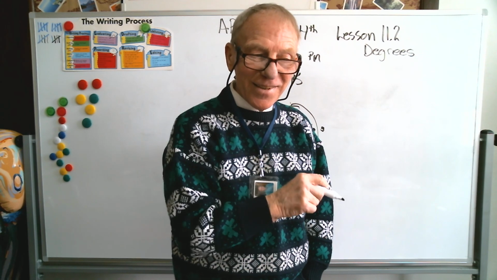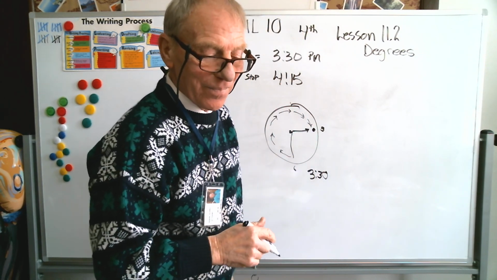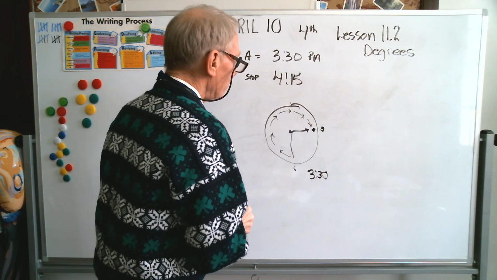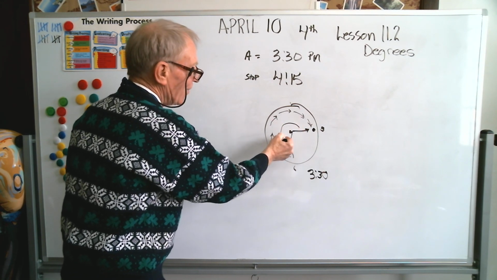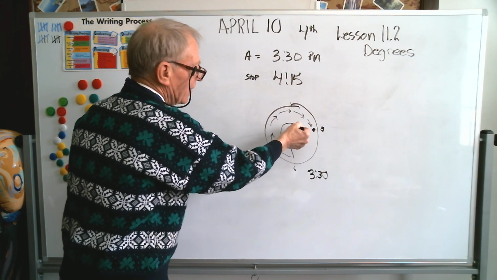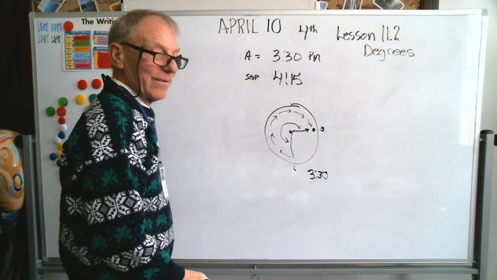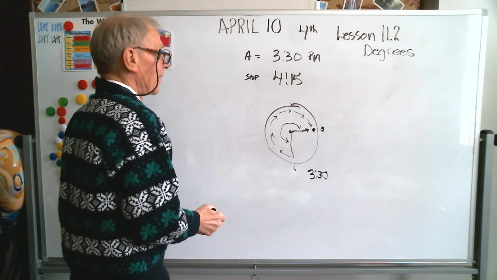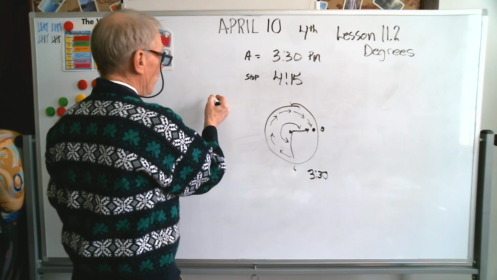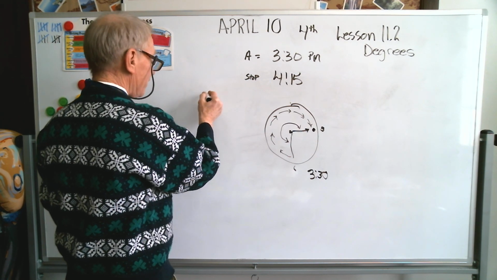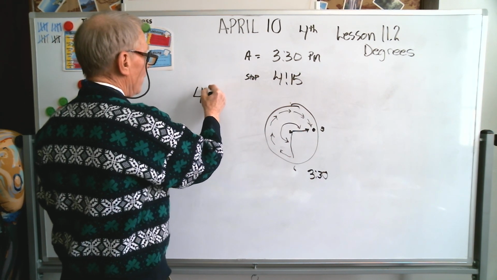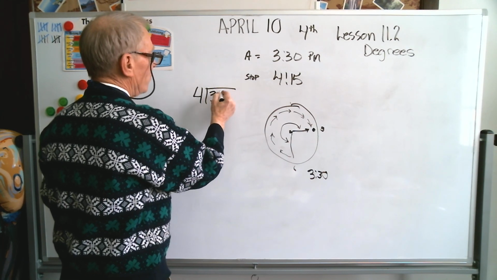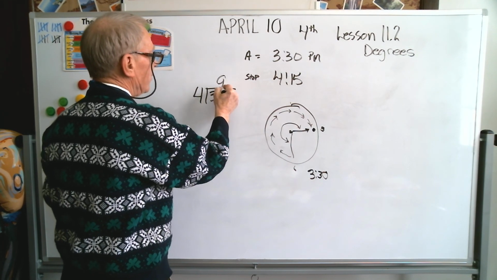And we just did the math on that, didn't we? 3/4. So here's my angle right here. Big obtuse angle. That represents 3/4 and 3/4 again. You take the 4, divide your 360, that gives you 90.